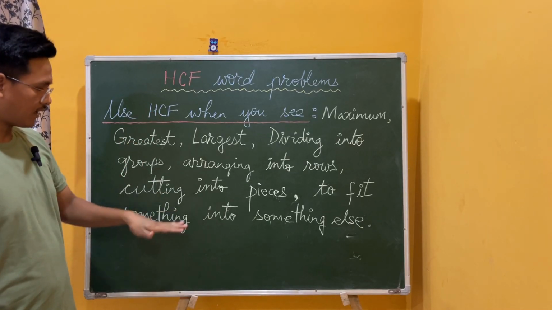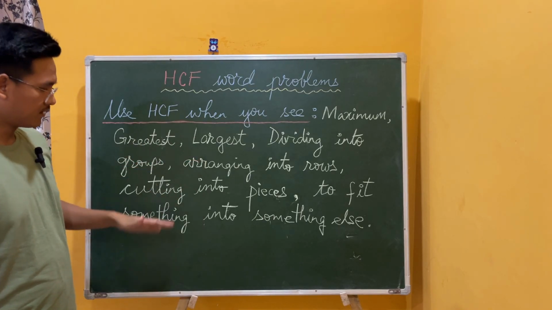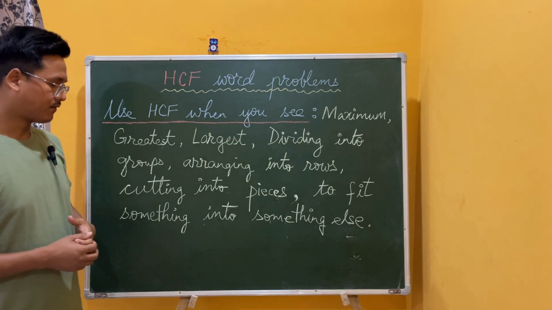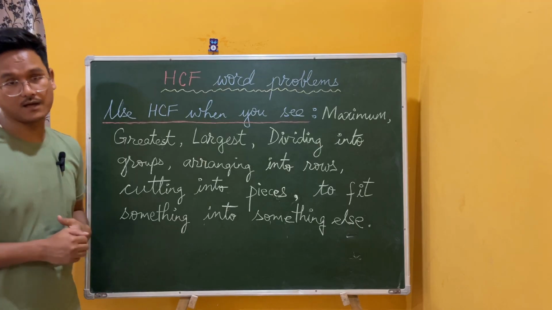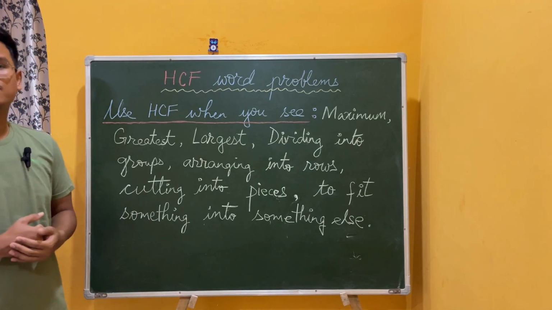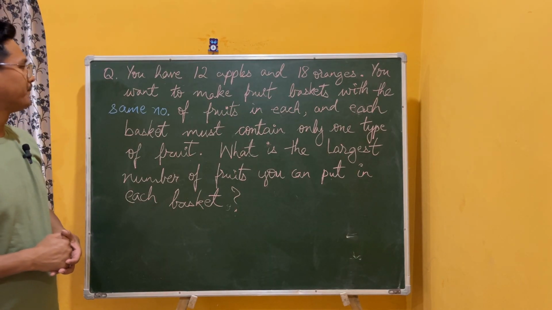I'm not elaborating every word here, though I will be solving questions, and from the solutions we'll be understanding what these keywords are meant for. So let's start with solving questions. So here is a question.